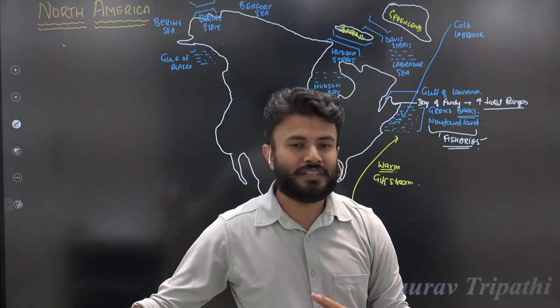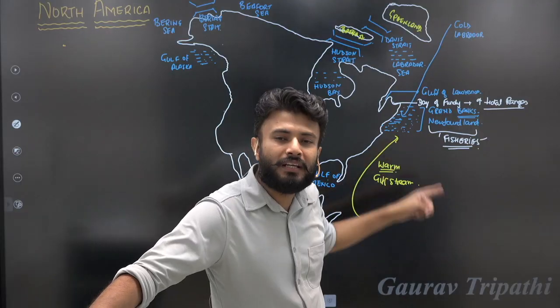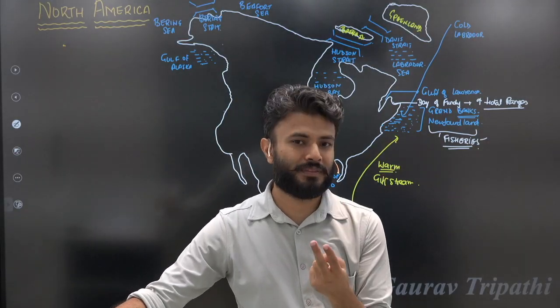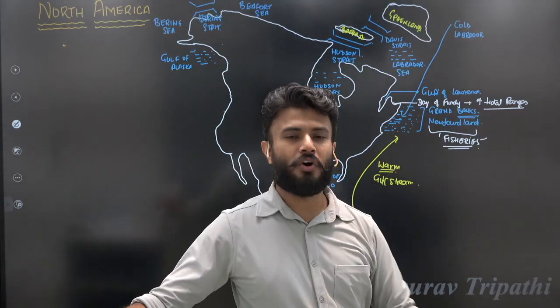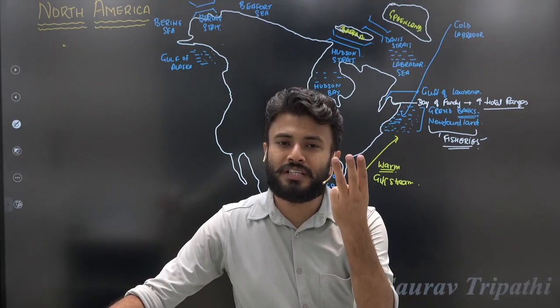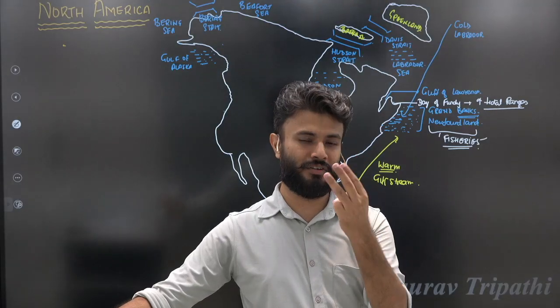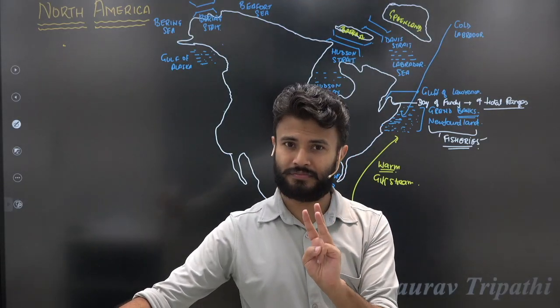Second important reason is the cold current. Whenever it comes, the cold current brings a lot of nutrients with it. So in this region, a lot of nutrients are present. Third, those nutrients invite a lot of phytoplanktons and hence the presence of fishes. Is it fine?